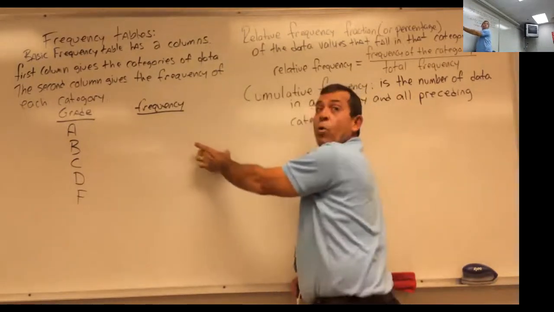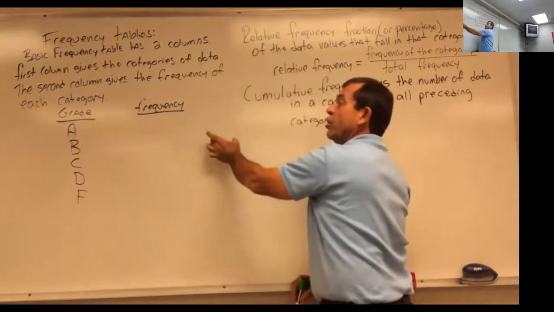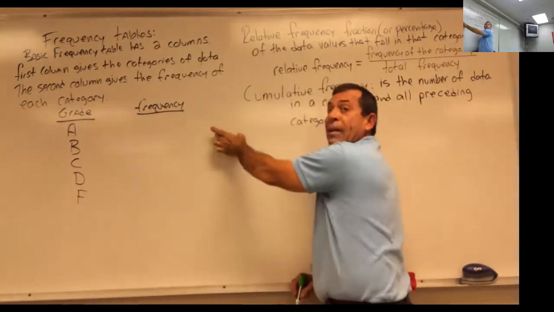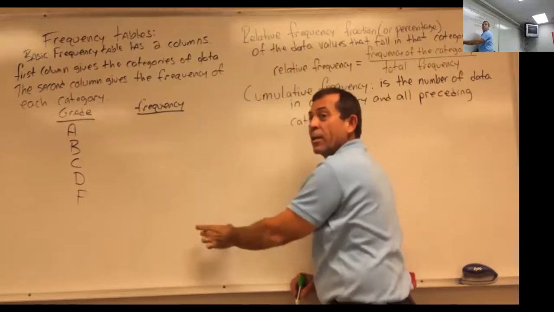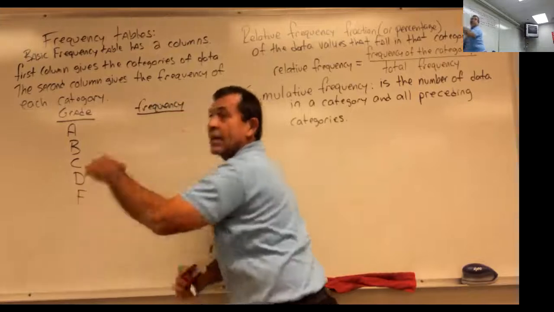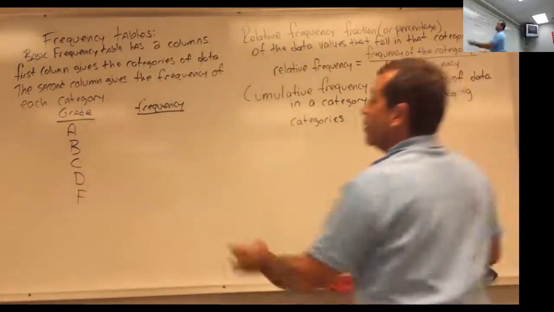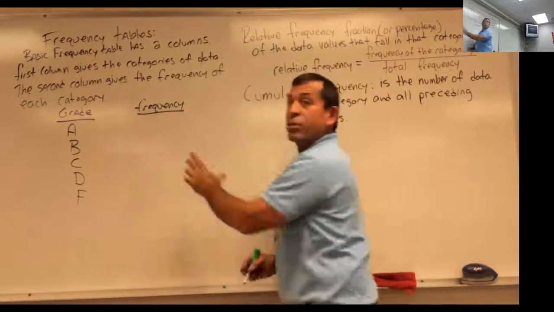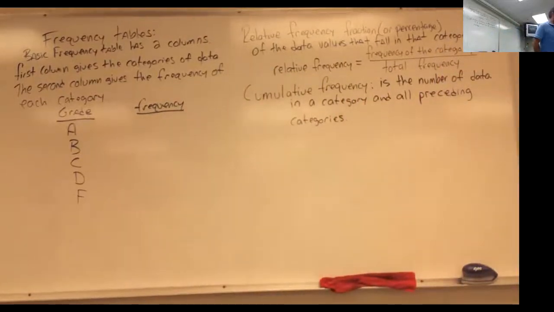Say the next one you had 4 B's, the cumulative will be 5 plus 4, which is 9 at this point. You keep adding the next row's frequency until you're done, and that has to add up to the total frequency. Also, the percentages have to equal 100%, because everybody's got to be listed on those frequencies, okay?